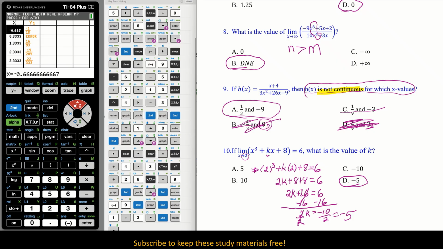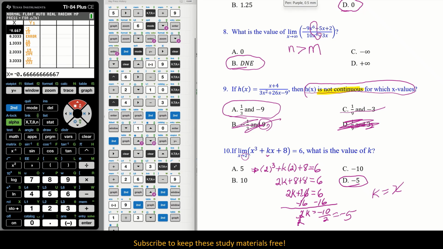But this is what I need you to do. If we call kx, say if we say k equals x, we can just put this into the calculator.